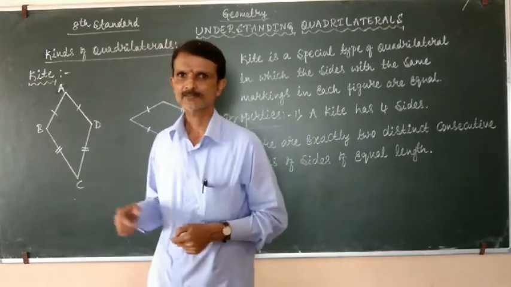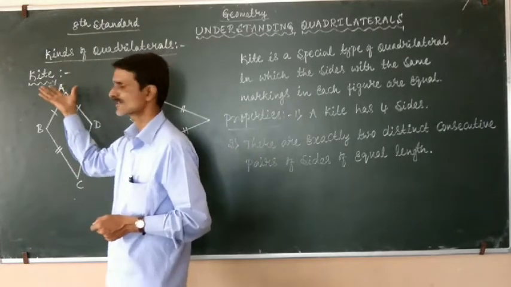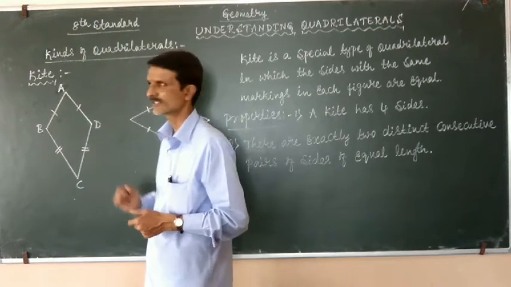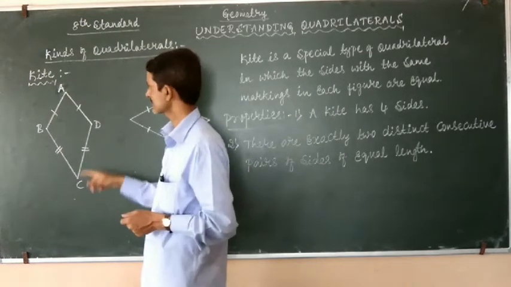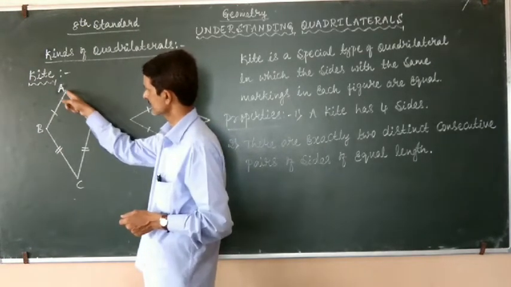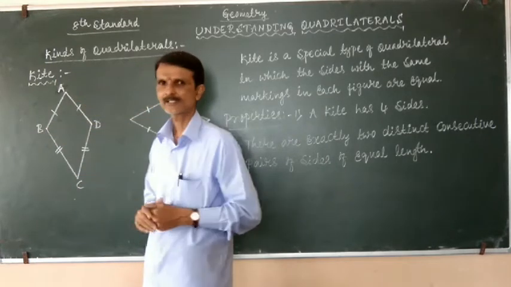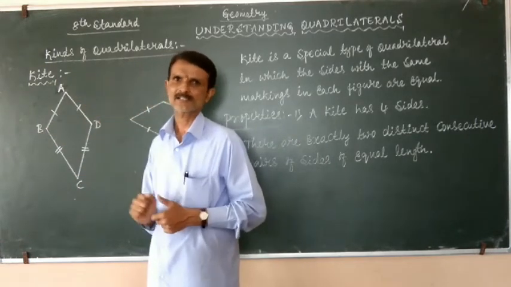So the second one is kite. You might have observed this plane figure. It has four sides: AB, BC, CD, and DA. So this is also a quadrilateral.